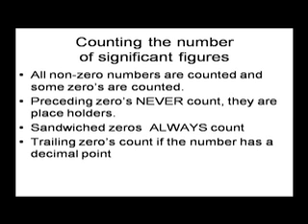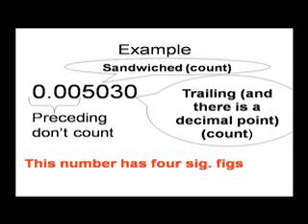So let's take an example and see if we can use these classifications. We're looking at this number, 0.005030. I put a lot of zeros in there so we can make good decisions. The very first thing is that we clearly have 2 numbers, so we have 2 significant figures, the numbers themselves. But now let's look at the zeros and classify them. In the front here, we have preceding zeros, 1, 2, 3 of them.